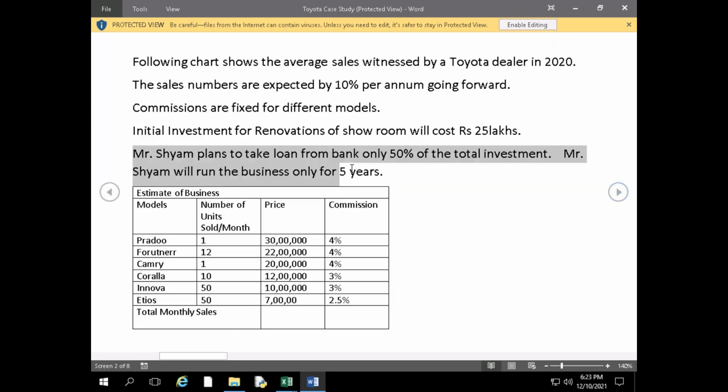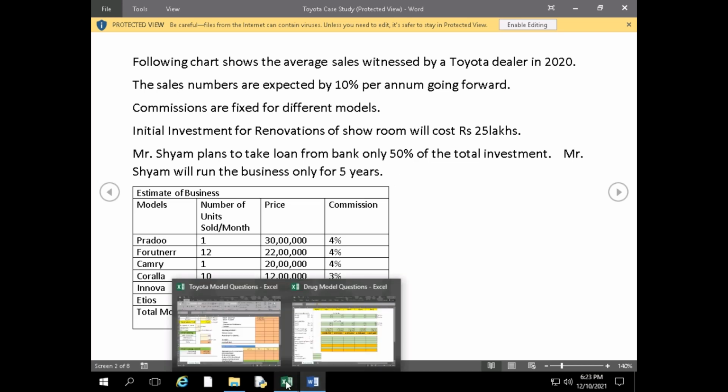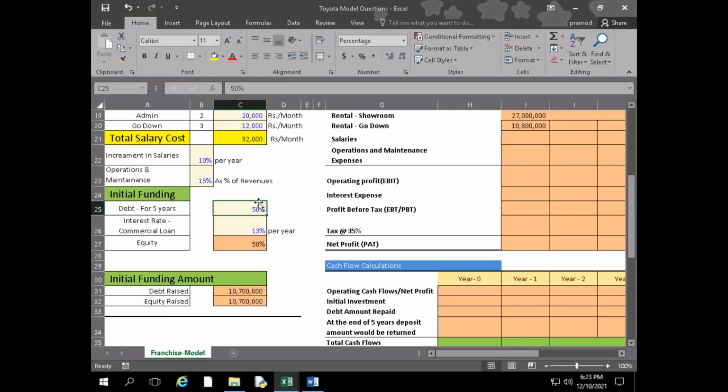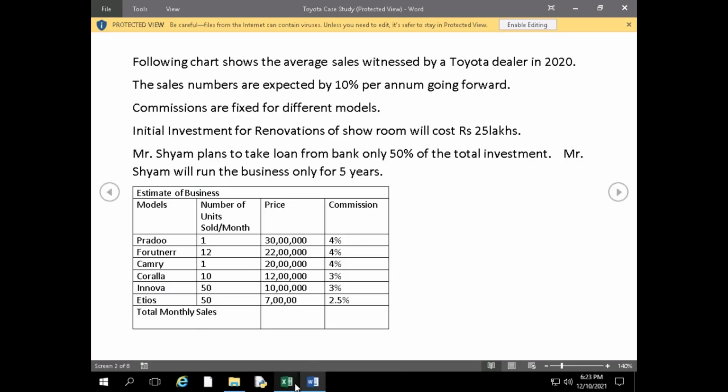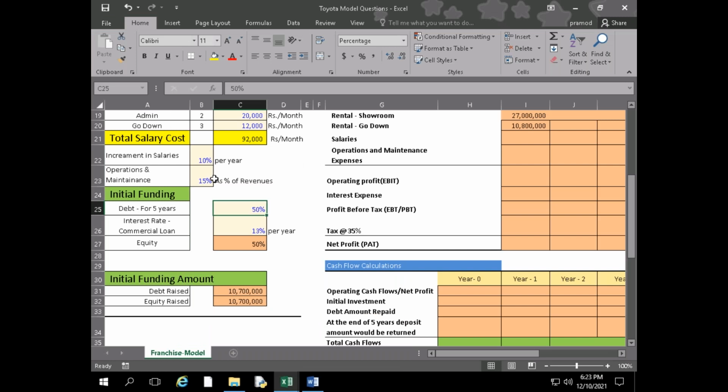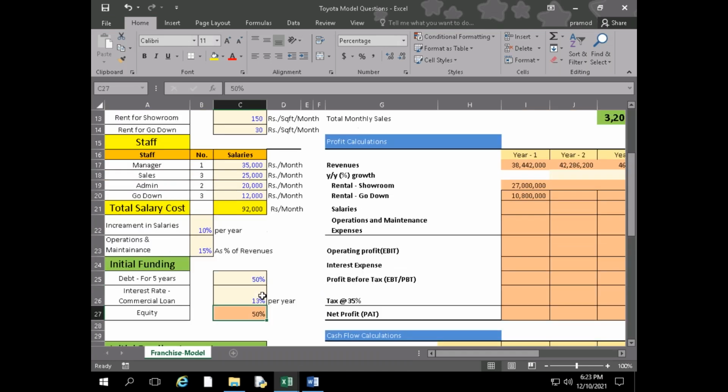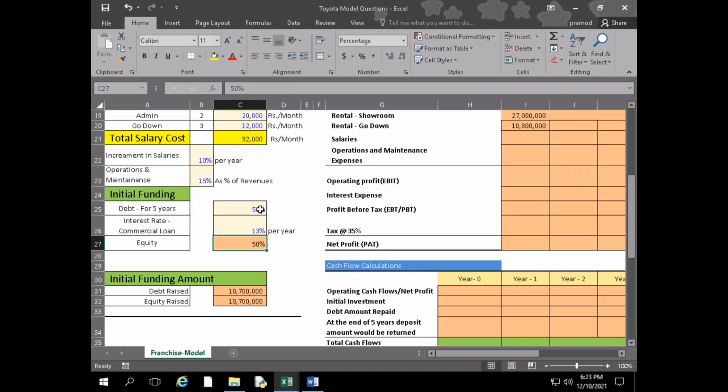Mr. Sham plans to take a loan from the bank for only 50% of the total investment. That 50% we have given. The interest rate is missing in this question, so write down 13% interest rate. If I'm investing 1 lakh and I take 50% from the loan, then the other 50% is my own money. It is equity.